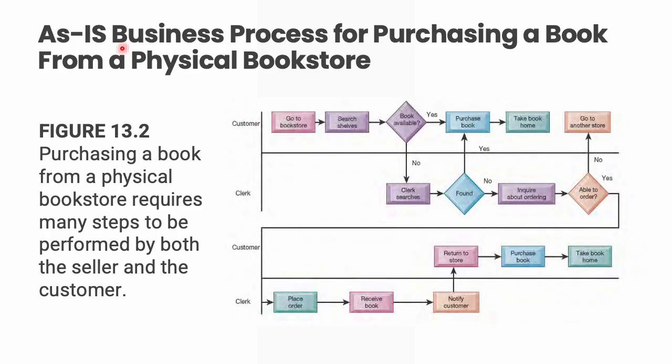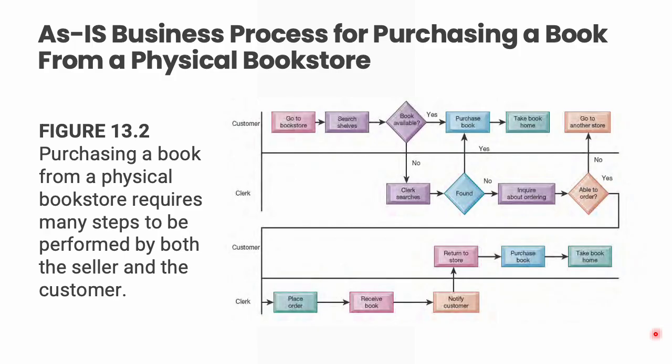The example here is the old-fashioned way of buying a book from a physical bookstore. Imagine you want to buy a textbook from a shop near the university. This map shows the simple task requires many steps, for both you, the customer, and the bookstore staff.